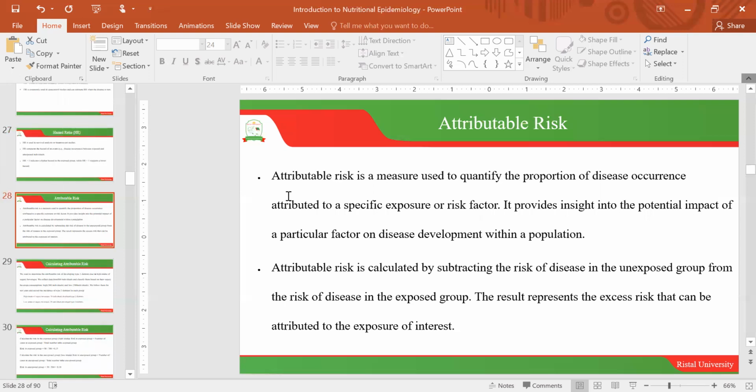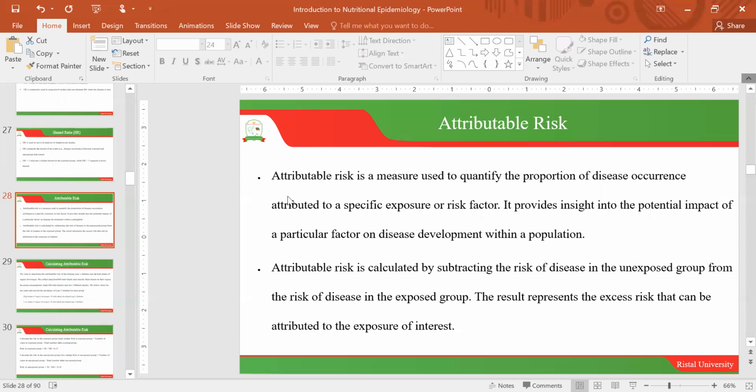So it provides us with very good information on the contribution of the risk factor to the occurrence of a particular disease. Let us say, for example, diabetes type 2, or diabetes actually, has many contributory factors.